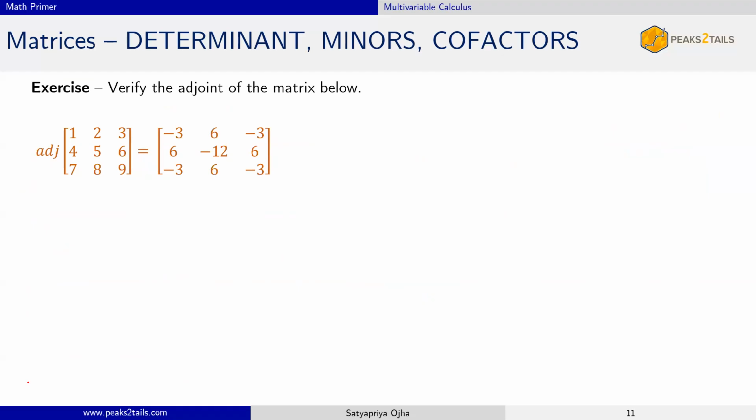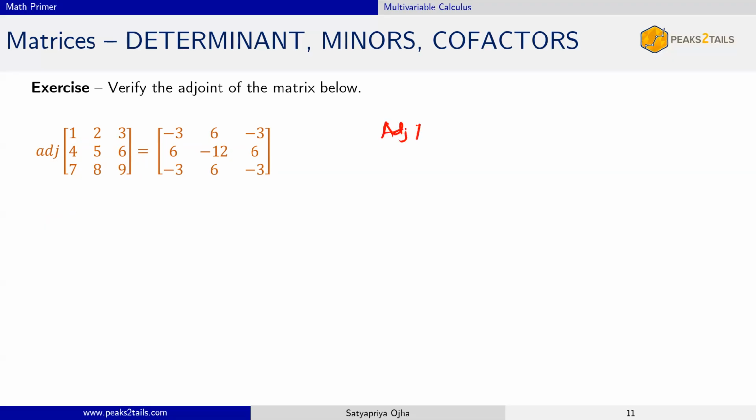Oh, here is an exercise. Should we do it, or do you want to try it? Show that the adjoint of this matrix is this. Okay, let's do it. What is adjoint?